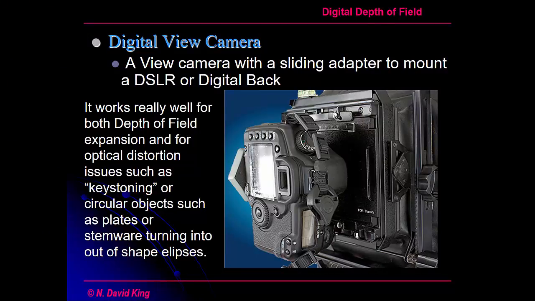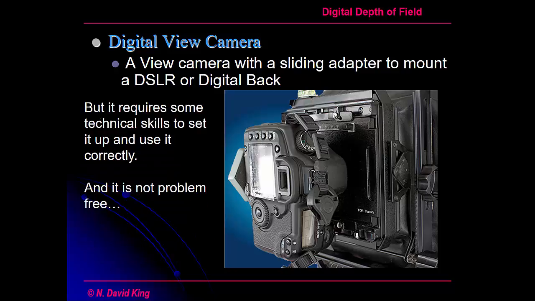This is where, for example, if you're looking up at a tall building, the building tends to look smaller at top. It gets smaller the farther it goes away from you. In the product world, keystoning creates some very weird shapes if you're looking down at things like plates or stemware. And the view camera solves that. So it's the go-to camera.